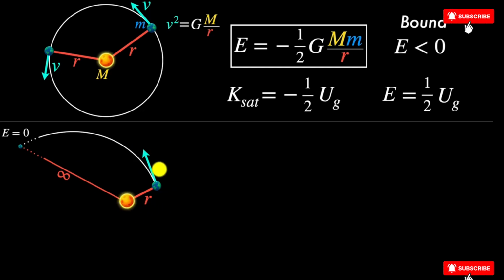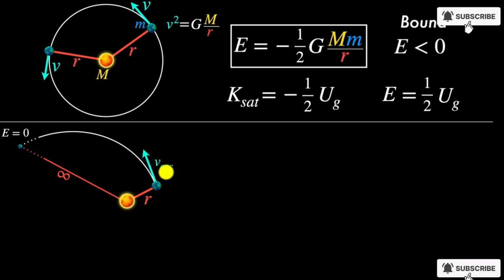And this minimum speed needed to just escape the gravitational clutches of a star or a planet or whatever, we call that the escape speed. Mathematically, you can think of it as the speed at which the total energy of the system goes to zero. So how do we derive an expression for the escape speed? Well, we know the total energy of the system is zero at any point.